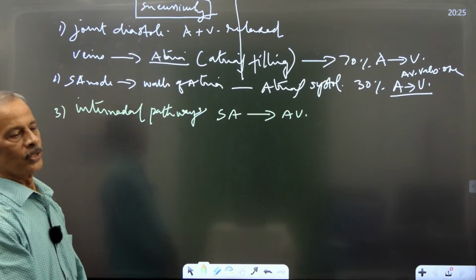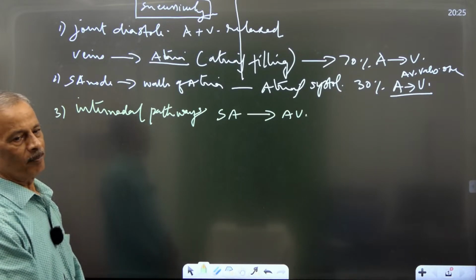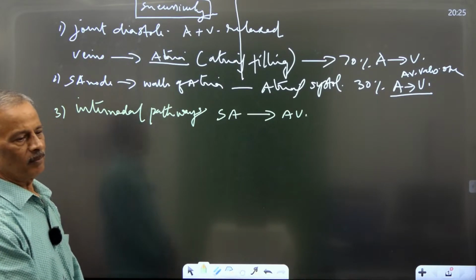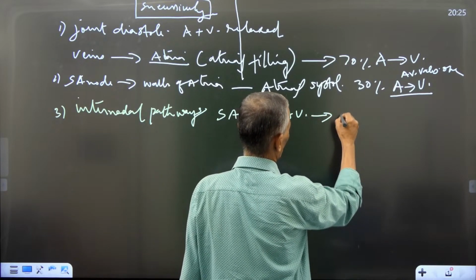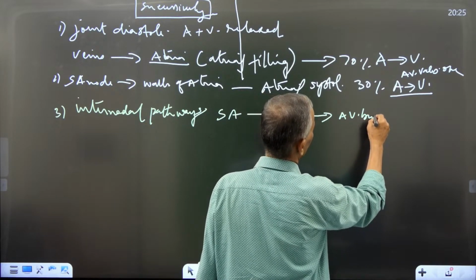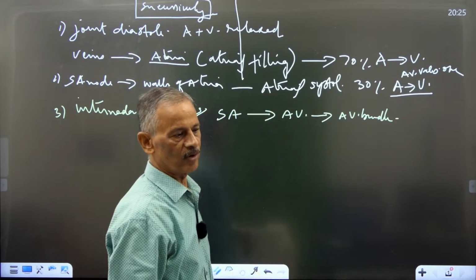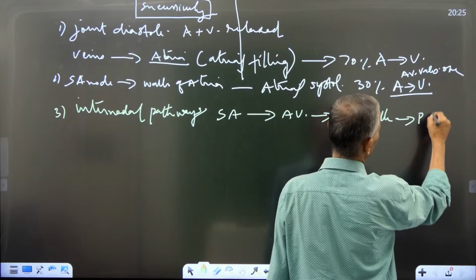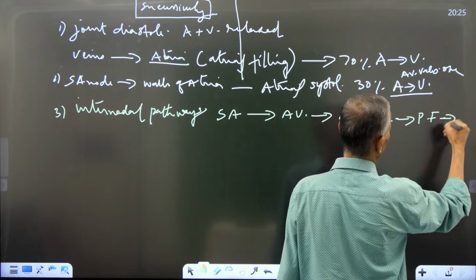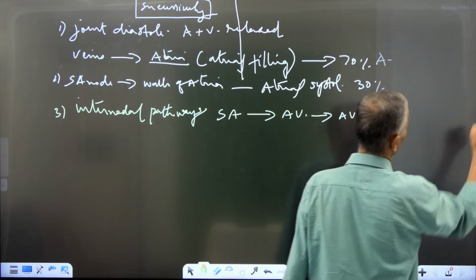Now, the AV node will catch them, will amplify them. Now, from the AV node, it passes through the AV bundle. From the AV bundle, it reaches the Purkinje fibers. Through Purkinje fibers, it reaches the ventricular walls.